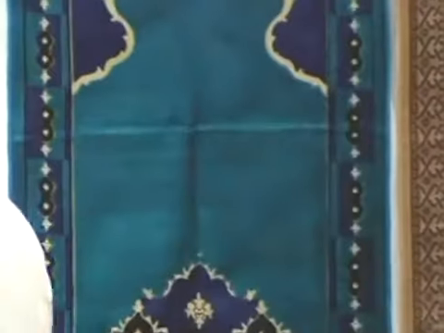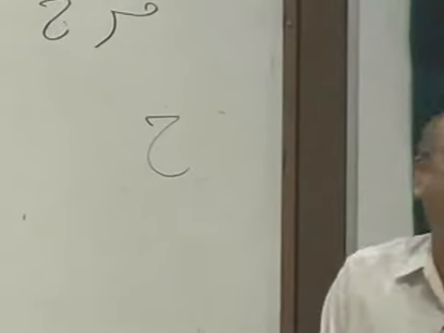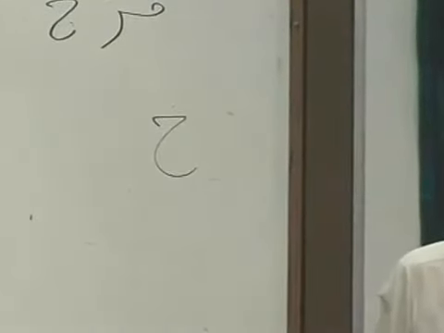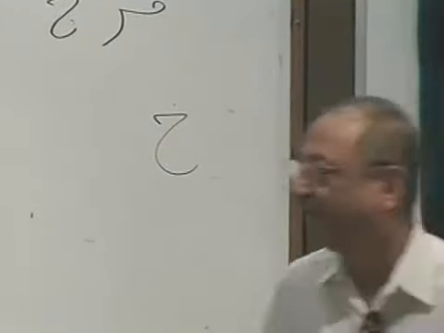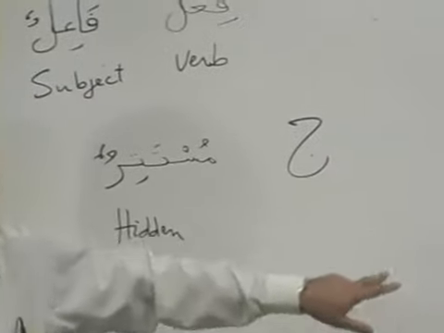Okay? Now we call it kha as a fa kalima. What do you call it? Fa kalima. Are you with me? Fa kalima. And what will you call ra? Ain kalima. And what will you call ja?